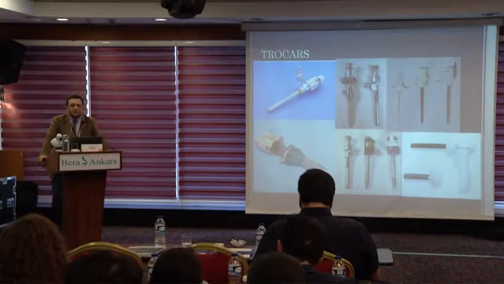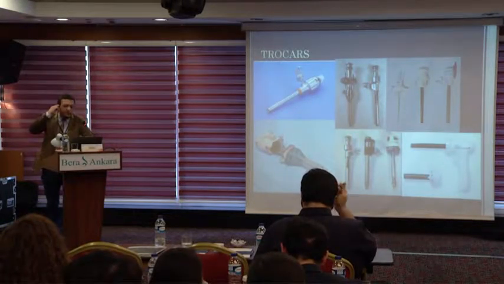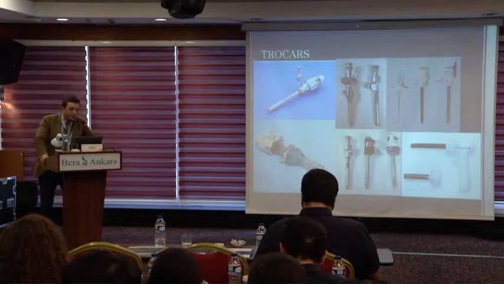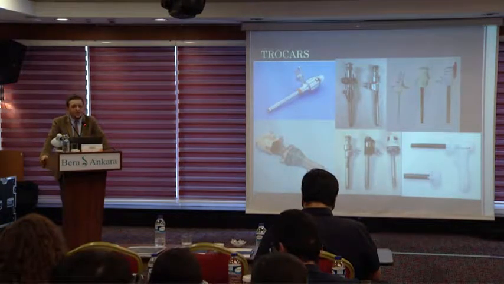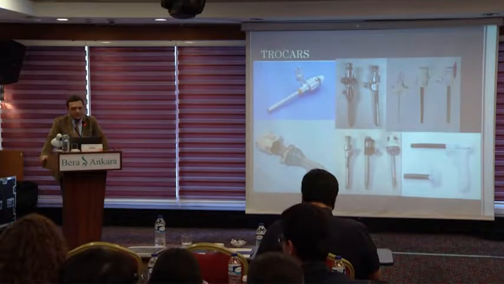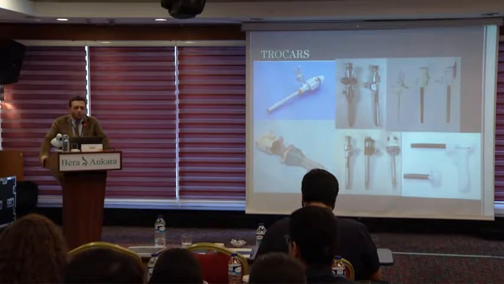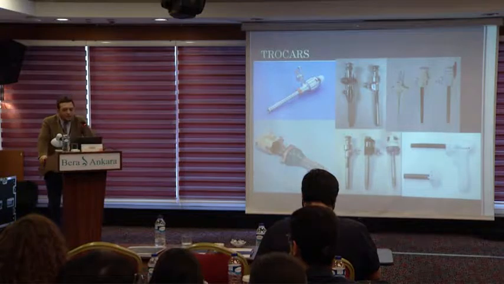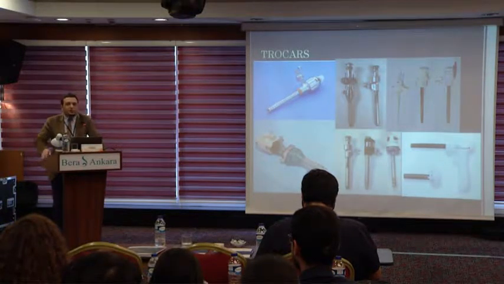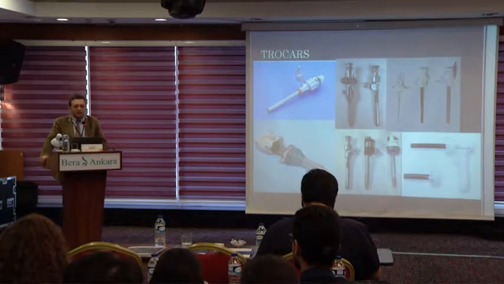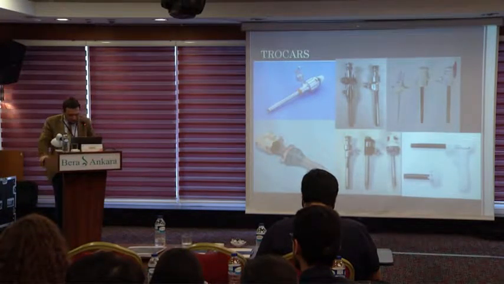But disposable trocars are generally made of plastic and they are lighter, and you feel more comfortable during your movements. But of course, it's all up to you. With experience, you will decide which one is suitable for you.